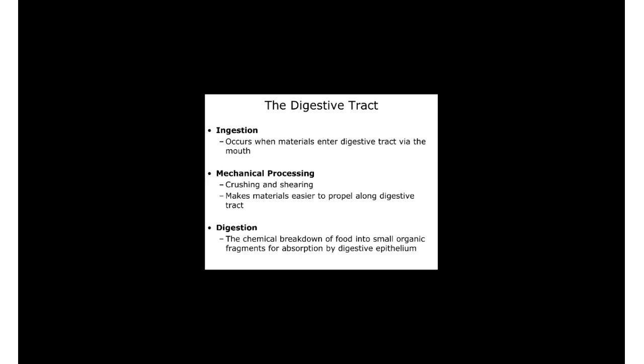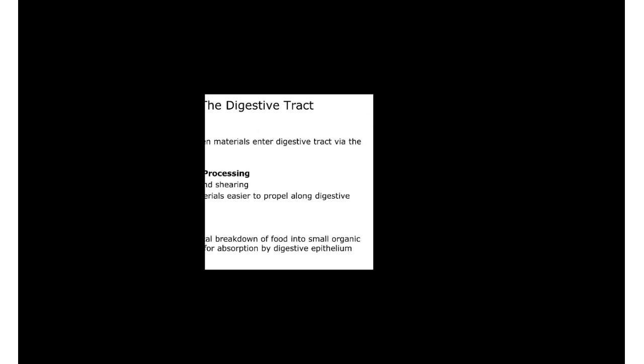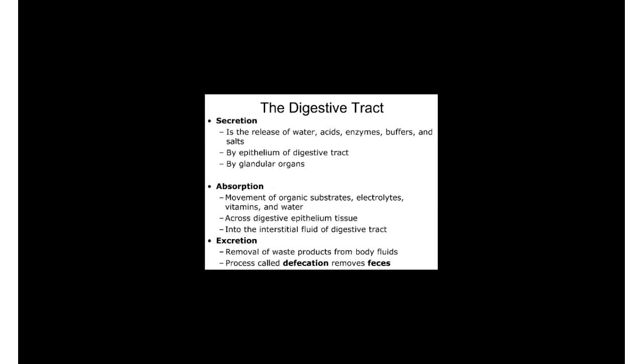Digestion is the chemical breakdown of food into small organic fragments for absorption by the digestive epithelium. Secretion is the release of water, acid, enzymes, buffers, and salts by the epithelium and the digestive tract by glandular organs. Absorption is again whatever we secrete, you secreted gastric juices, bile juices, different types of salt, acid.